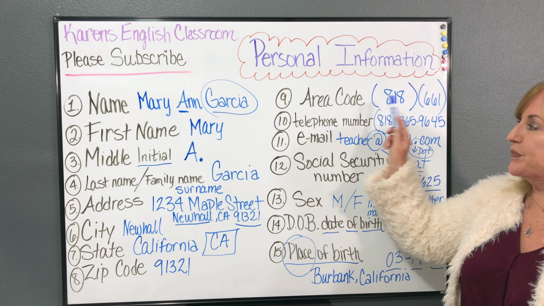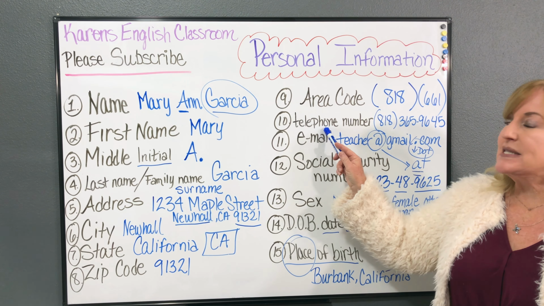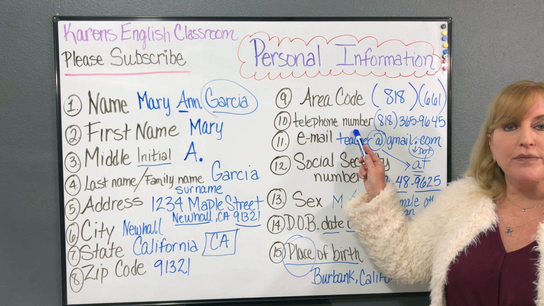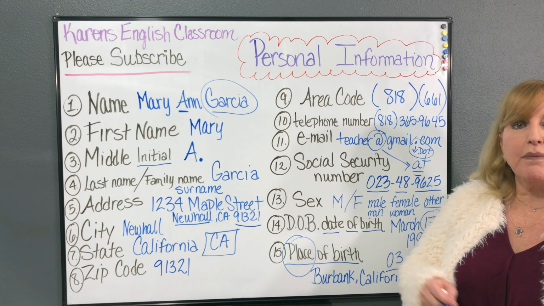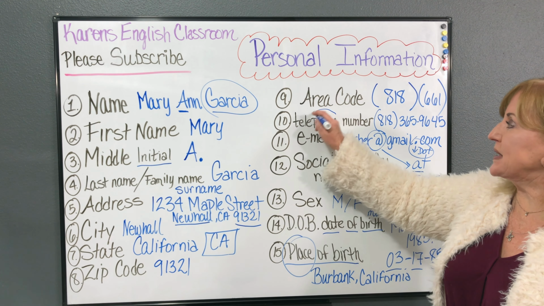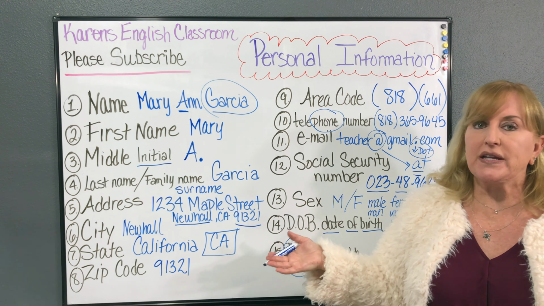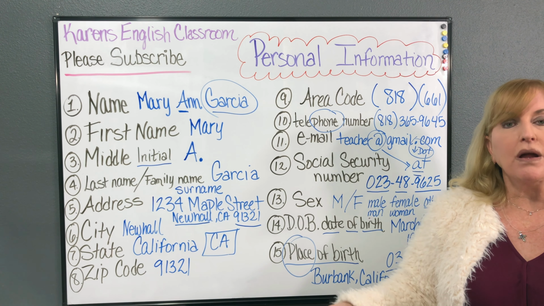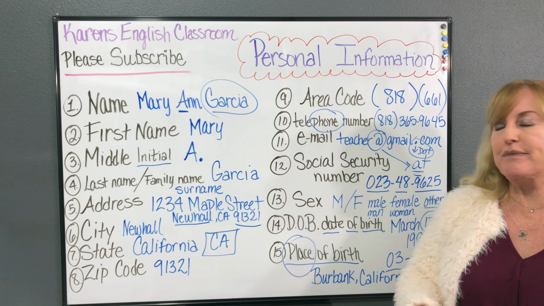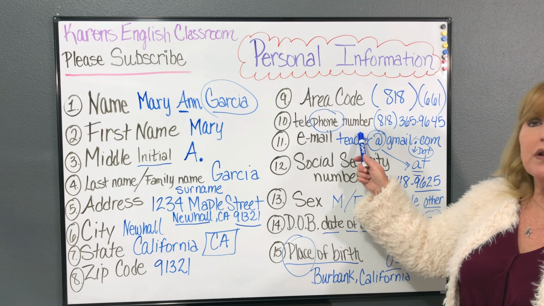This phone number. Number 10, telephone number. Now sometimes they'll just say phone number, and that's fine too. It's the same thing. Okay, so telephone number, phone number is the same.